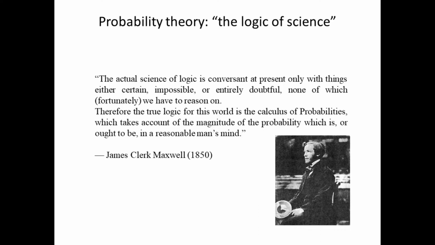And that kind of deductive logic is perfect if what we want to do is make pronouncements on things which are completely certain, like the greediness of my dog, or completely impossible, like the abstemiousness of my dog, or when he says entirely doubtful, he means possibly true or possibly not true.